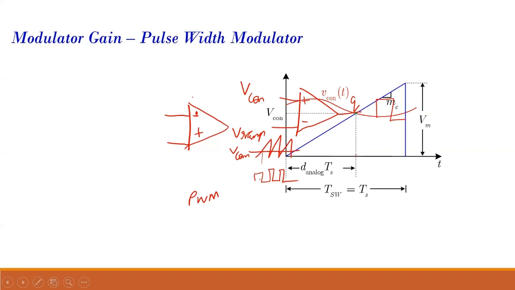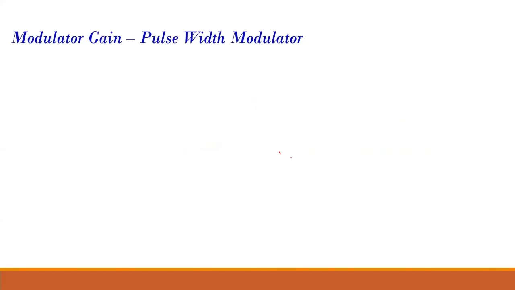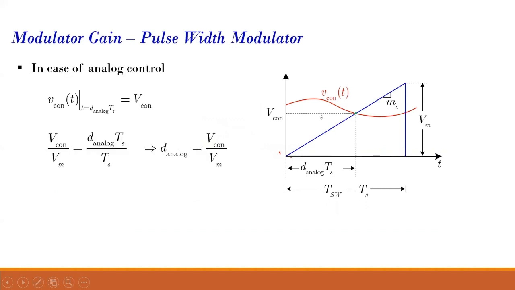So if we see it over here, this is my pulse width modulator, and this is the output. This V-con is varying with time, and in this region it is intersecting, and the ramp is going above it.